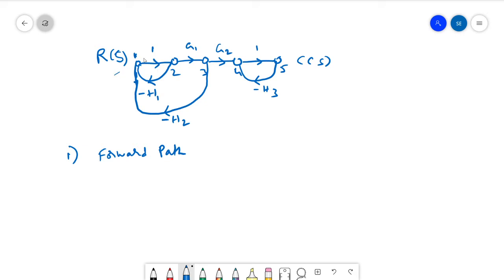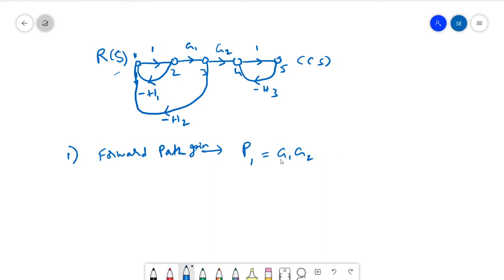From input to output, starting with 1, 2, 3, 4, 5, there is only one forward path. The path gain is just the product of the gains along it: 1 into G1 into G2 into 1. I will represent the forward path gain as P1, which is equal to G1 into G2.